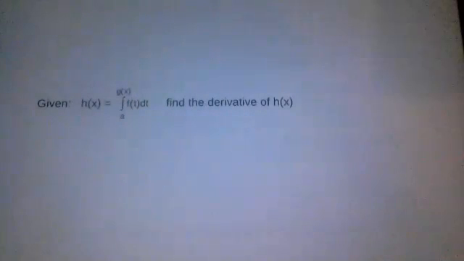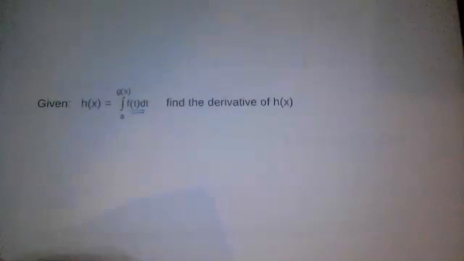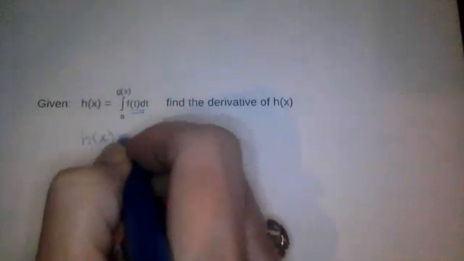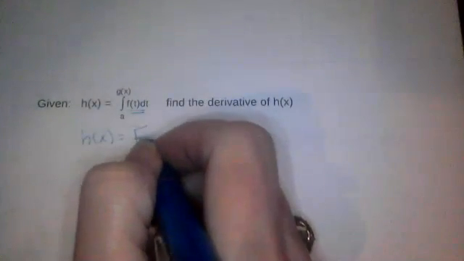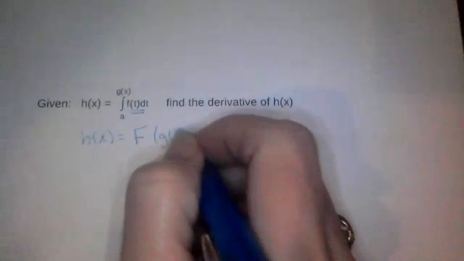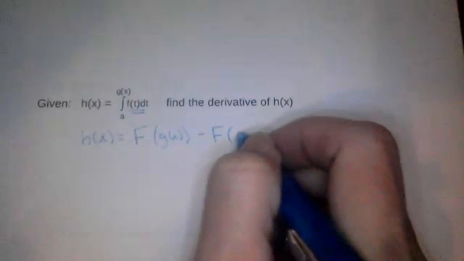So all of this is going to be a little abstract because we don't have any numbers to deal with here. But the first thing we did was figure out what this function was before. So h of x would equal F of g of x minus F of a.